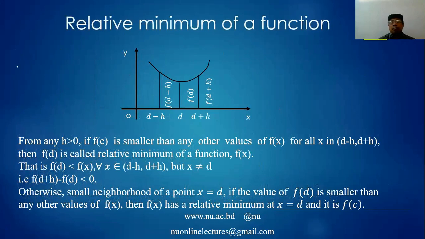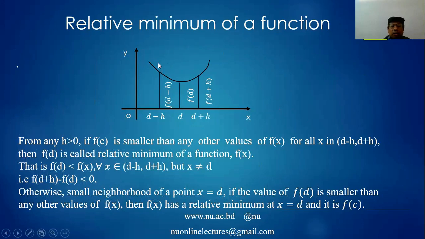It is the relative minimum of a function. Previously we discussed the relative maximum of a function. Now it is the relative minimum of a function. My dear students, you can easily understand in this way.